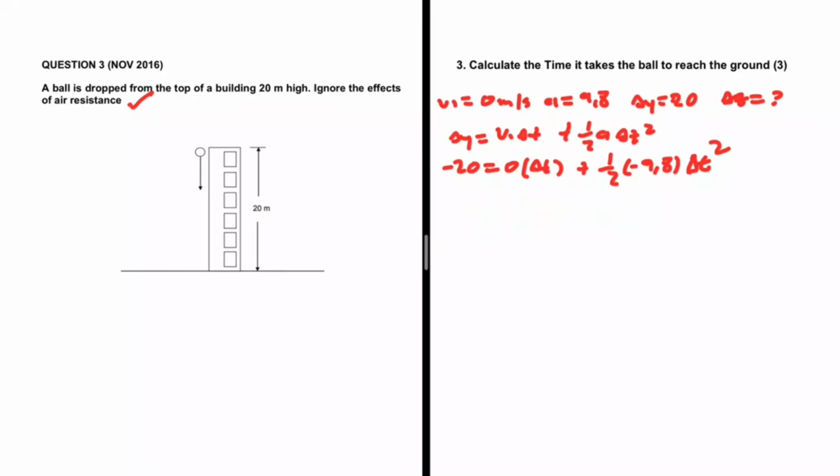Let me tell you why I'm running away from that equation. Let's say my answer was Vf is equal to 30 meters per second. This is wrong. We know that Vf is supposed to be 19.8. But let's say I made a mistake and my Vf was 30 meters per second. This will imply that my answer to question 3 will also be wrong because I'm using a wrong value.